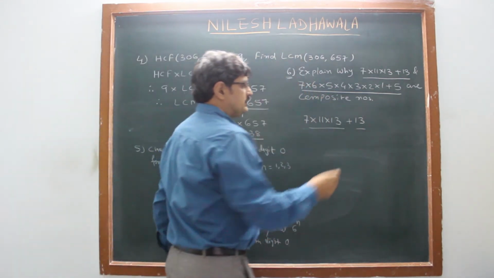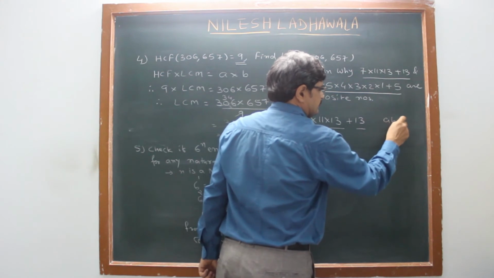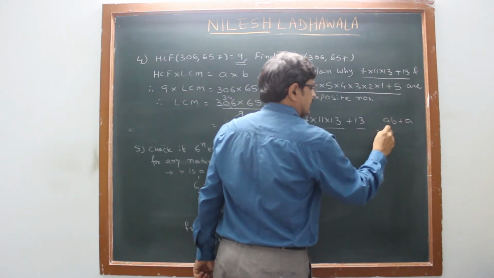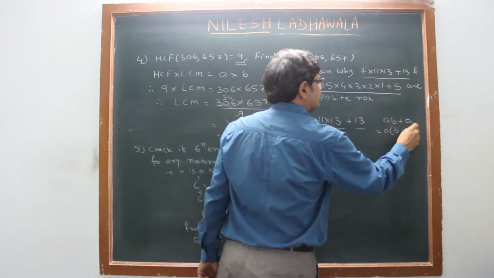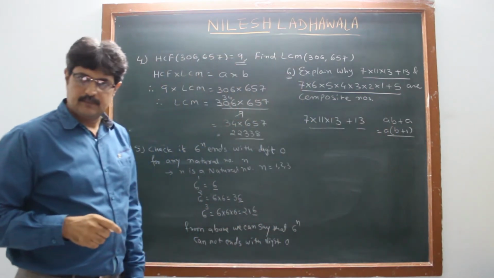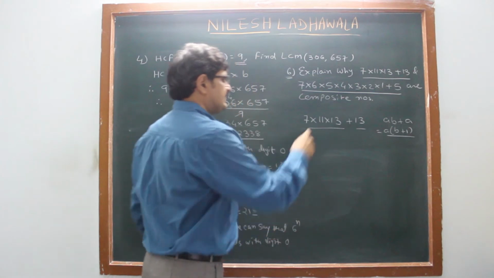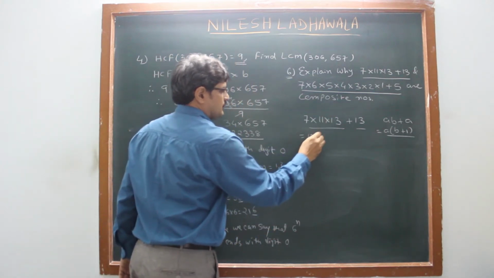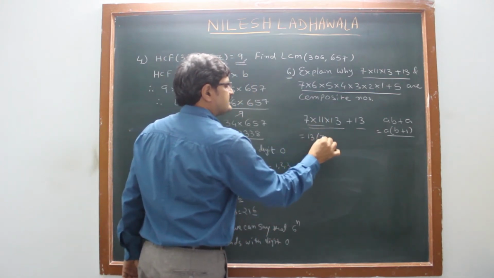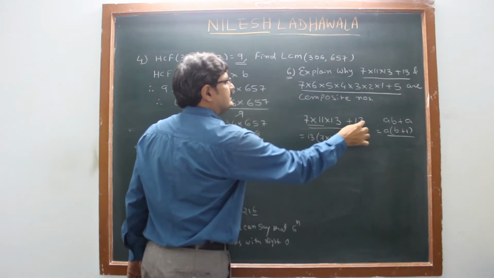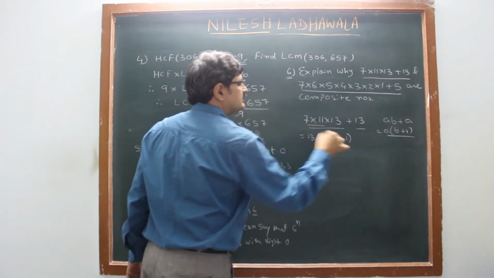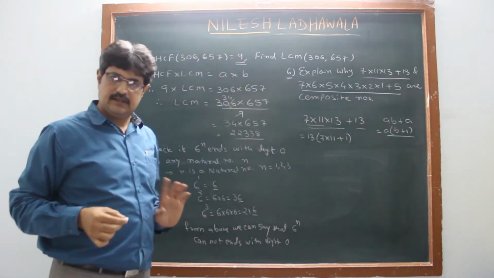Now, as we have learned the factors of AB plus A, we can take A common. The remaining factor is B plus 1. I will apply the same method here. I can take 13 common from both. So the remaining terms are 7 into 11, and here I have taken 13 factor common, so the remaining will be 1.